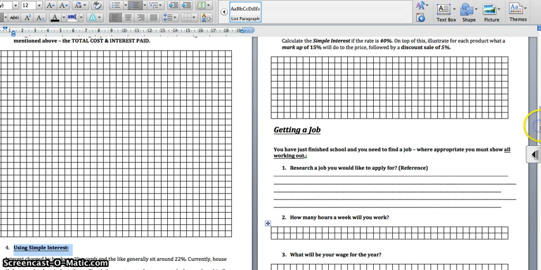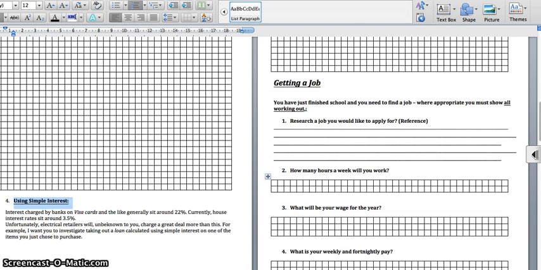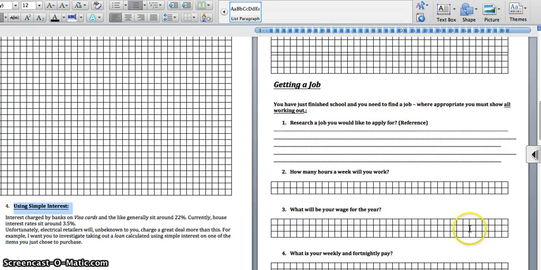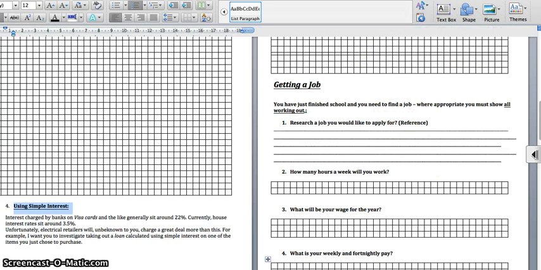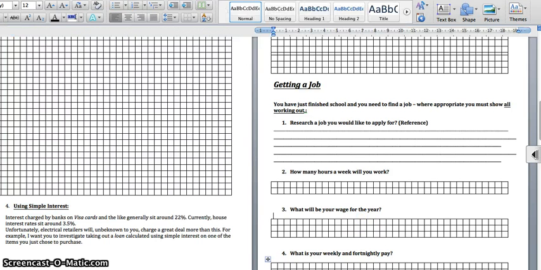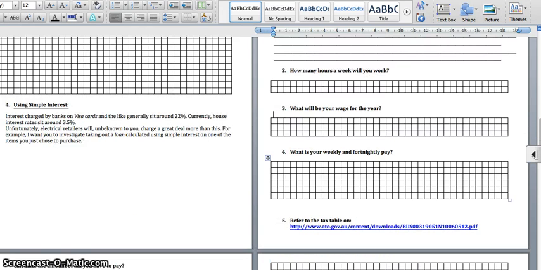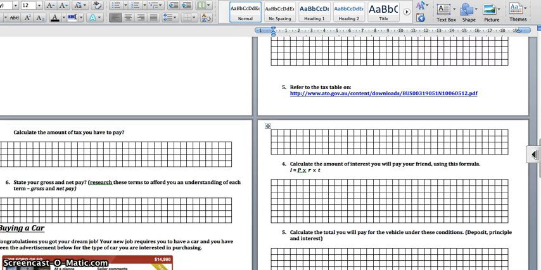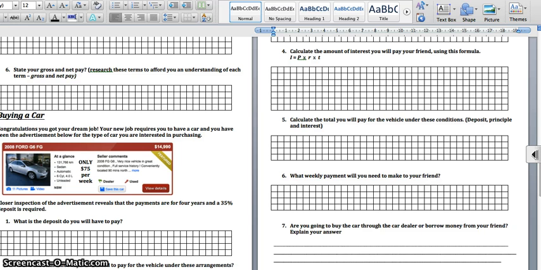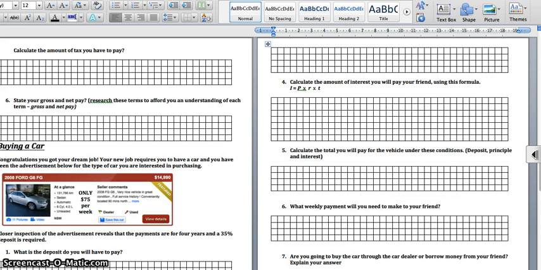The next thing is about getting a job. So you've done all your radio rental stuff. Now what you're going to look at is finding a job, how many hours a week you have to work, what your wage will be, and what your weekly, fortnightly pay will be. Alright, then you need to work out how much tax you'll pay. So you might earn $35,000 a year, but you might pay $15,000 of that in tax, so you're only getting $20,000 in your hand.